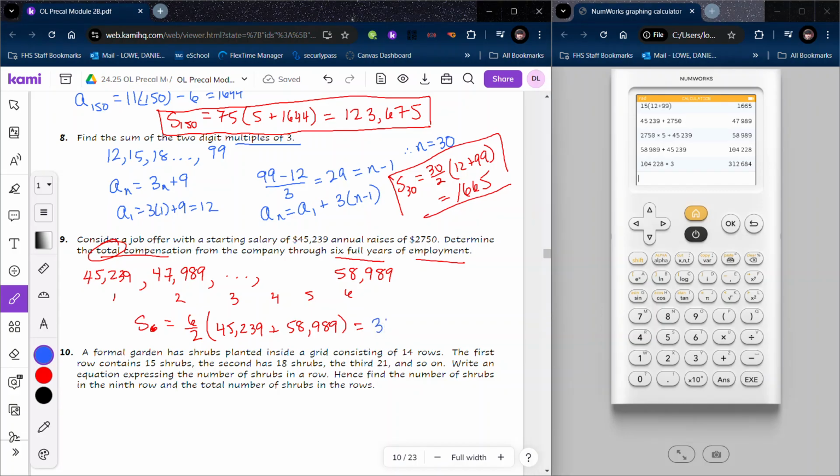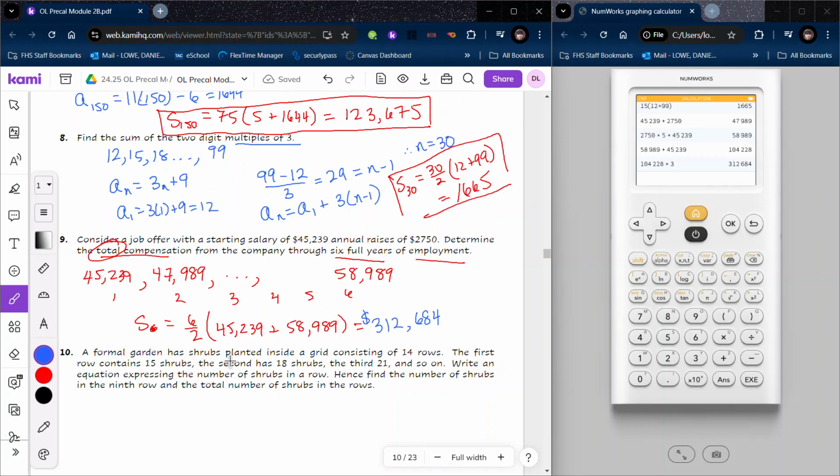That means that in 6 years I had a total compensation of $312,684. All right, so not a bad compensation package, but certainly it's something that you may be able to do better than.